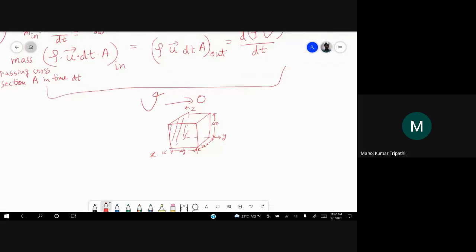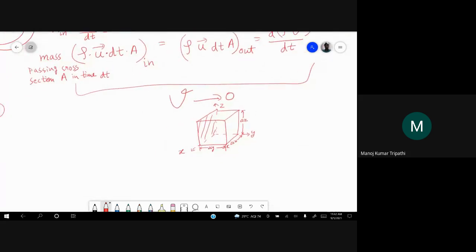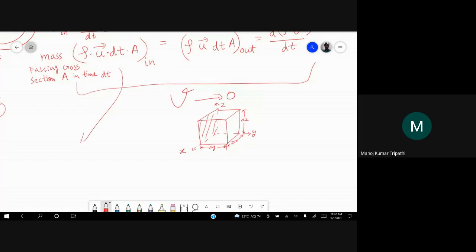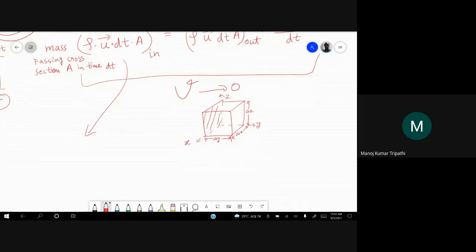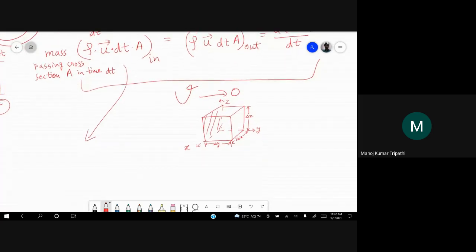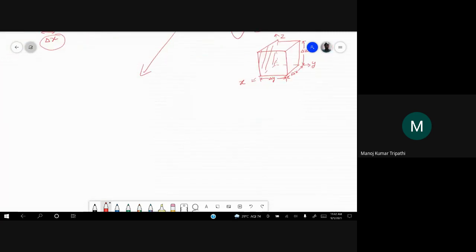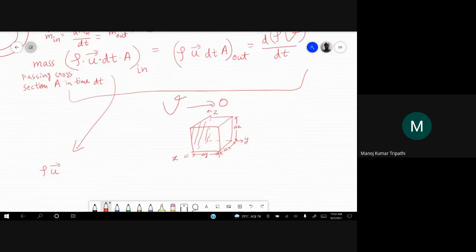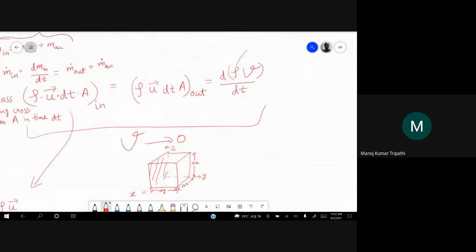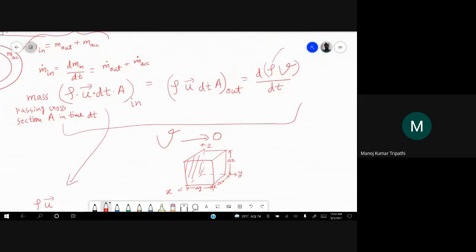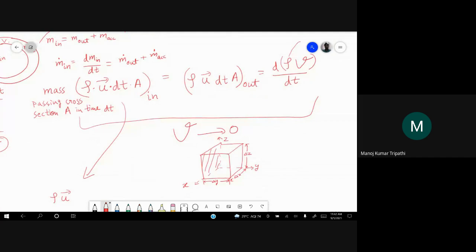So let us substitute it in this equation here. For the left face, area of cross section A is delta x, delta z. So density rho, U. Oh, just a minute. What we have done here is on the left hand side, there is a mistake.